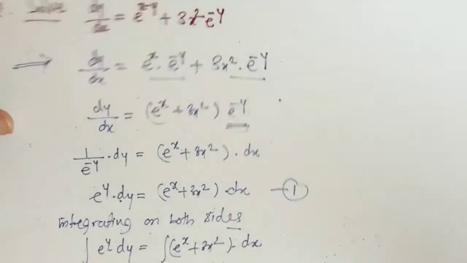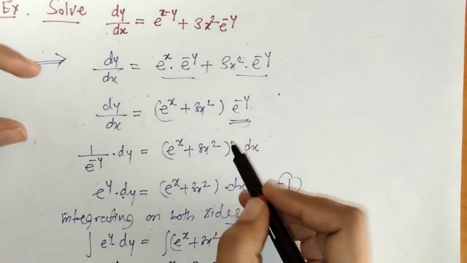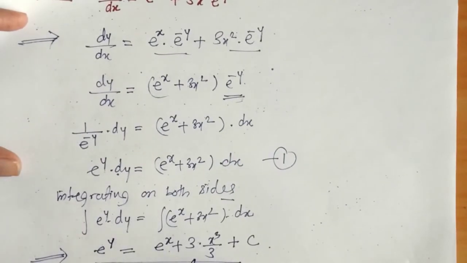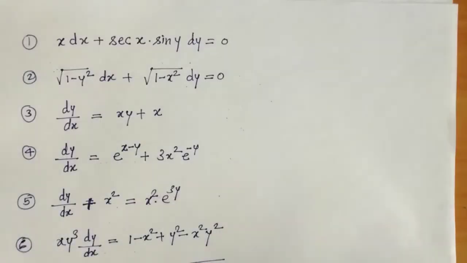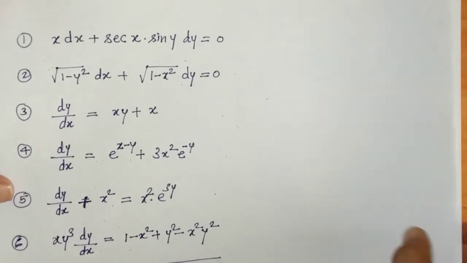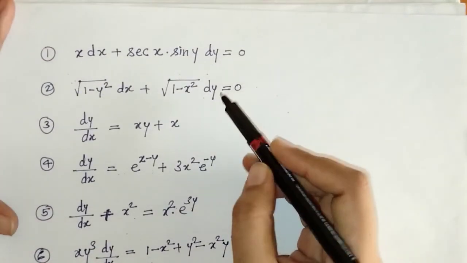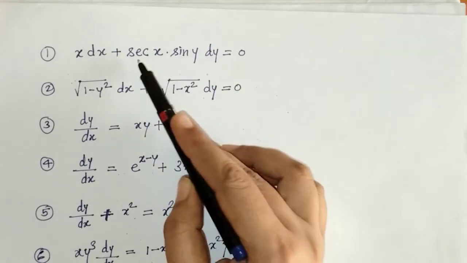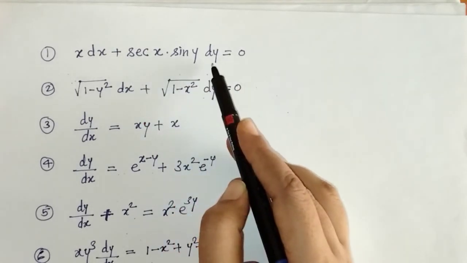Yes. So what we have done here: first we tried out for variable separable, then we have taken integration on both sides, right? Now in the same manner we have some examples here. We can check out here, we have this ODE of first order and first degree. Yes, we can check the first example. We can separate out the variables here, right?